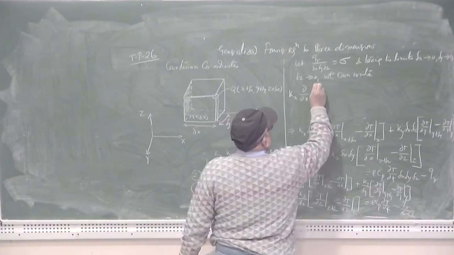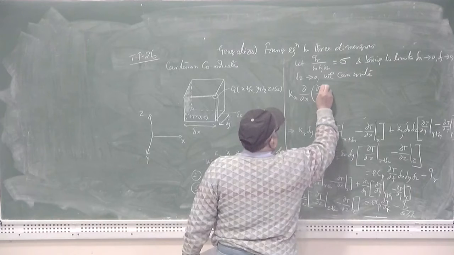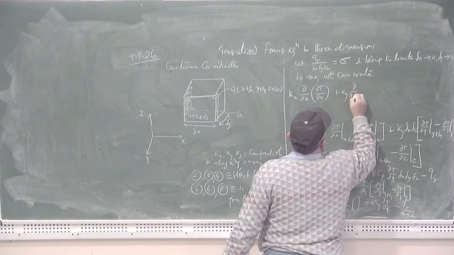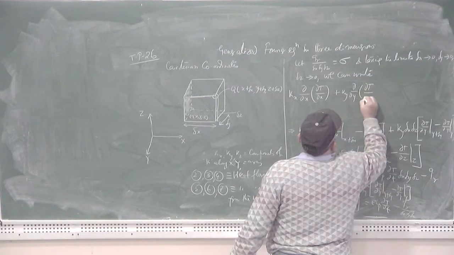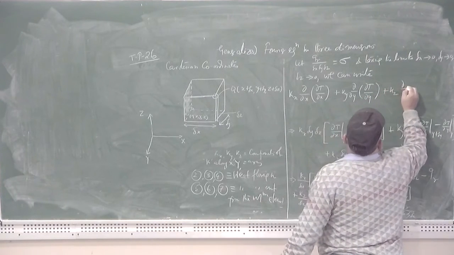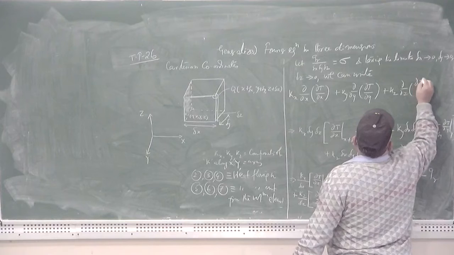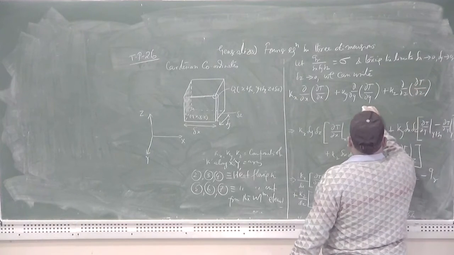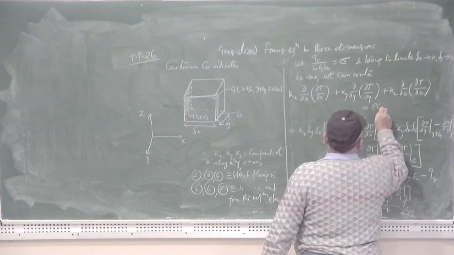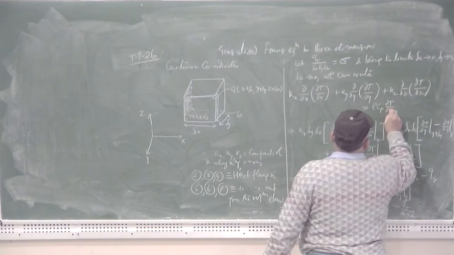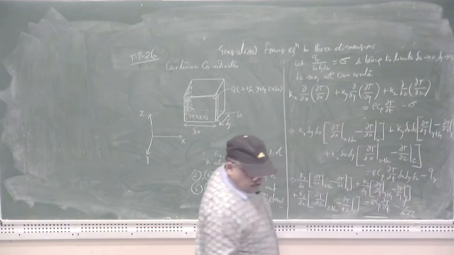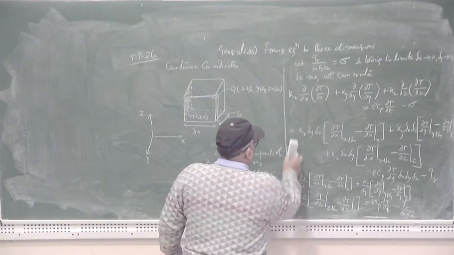So this quantity plus ky del by del y del T by del y plus kz del by del z del T by del z, that should be equal to this quantity rho Cp del T by del t minus sigma. Now we can remove this portion.